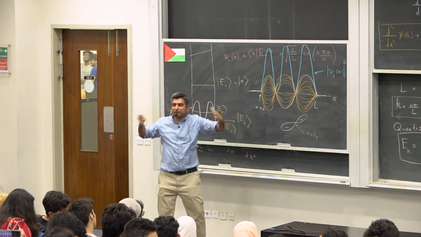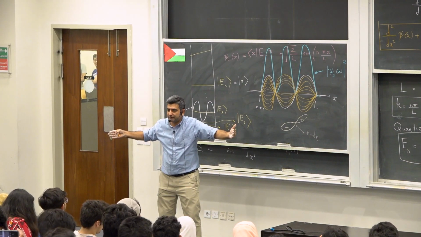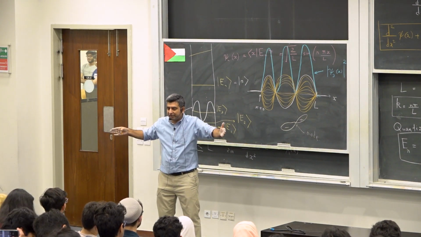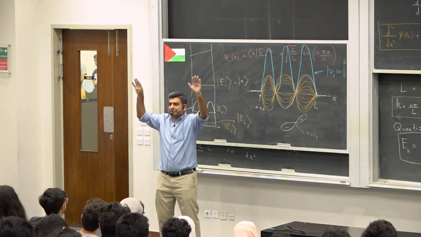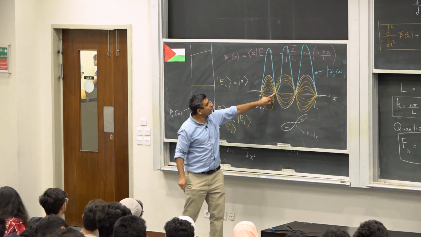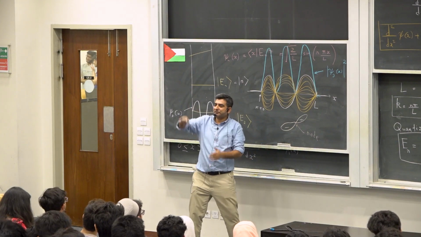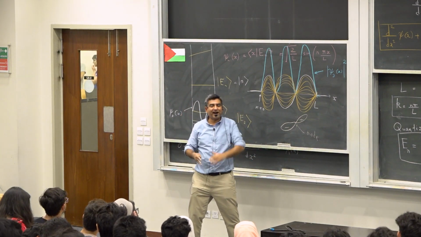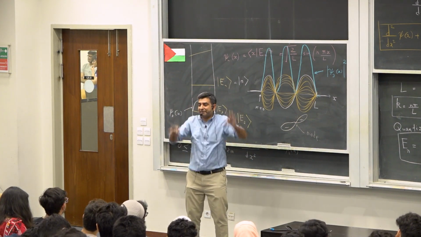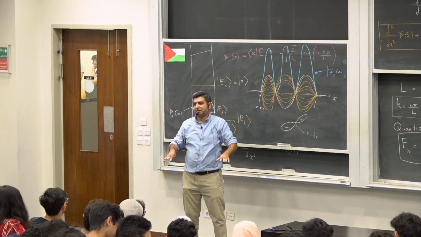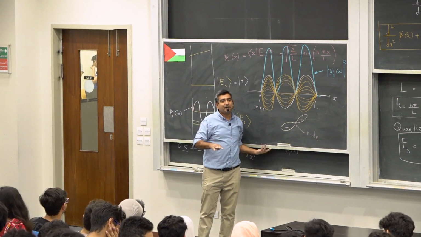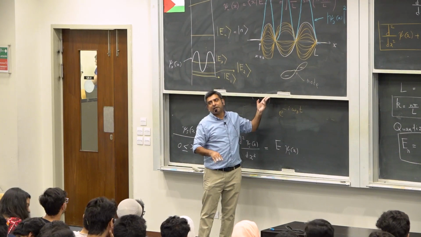So it oscillates. So it's a standing wave. That's what a standing wave is. So this is three levels, and it's oscillating. The nodes always remain the nodes. But it's oscillating with the frequency depending upon the energy. The higher the excited state, the higher this oscillation. So this is really what an infinite well really means.